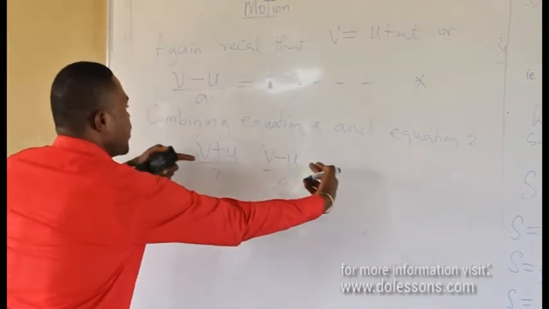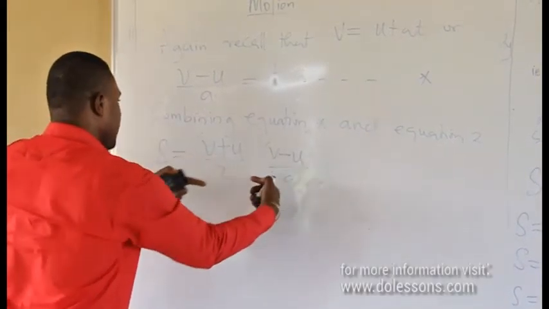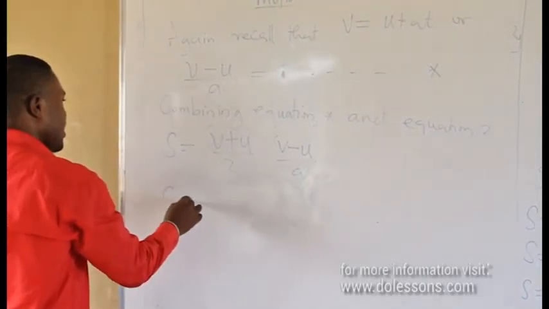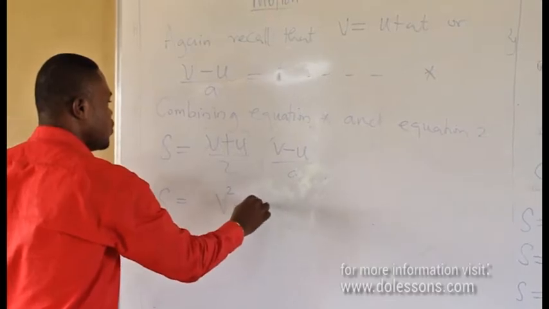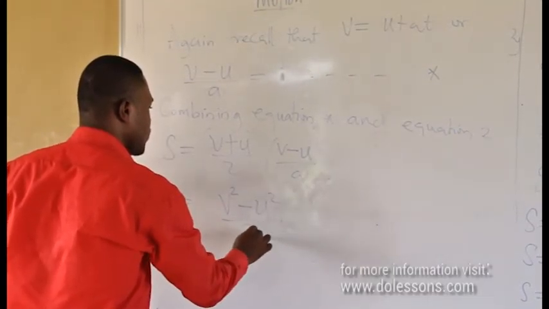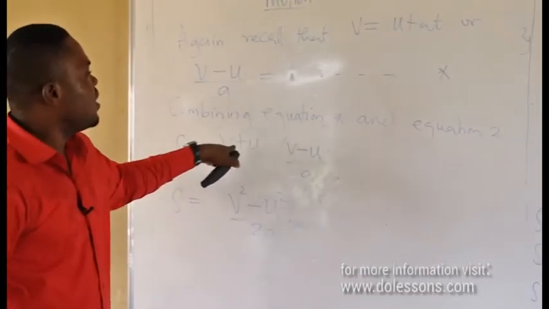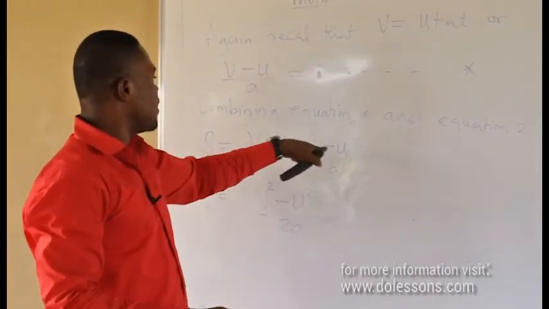Now, if we put this together, we have that s is equal to v squared minus u squared all over 2a. If you consider this in mathematics, this is a difference of two squares.